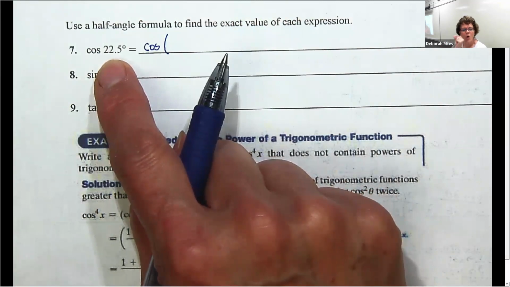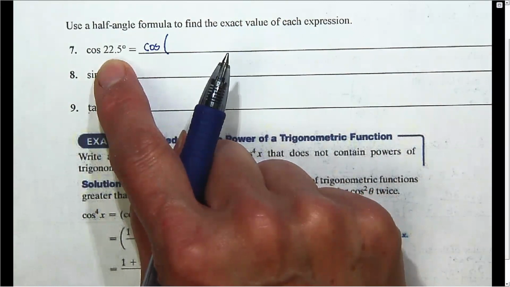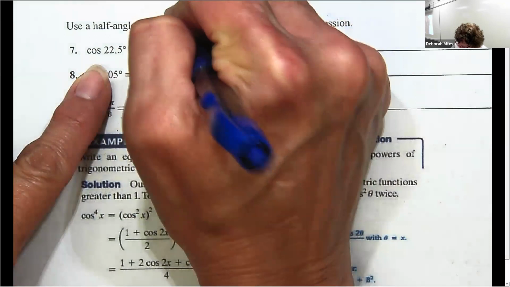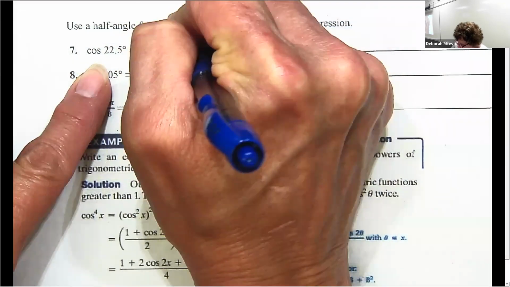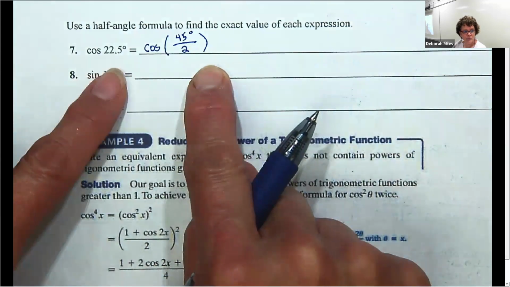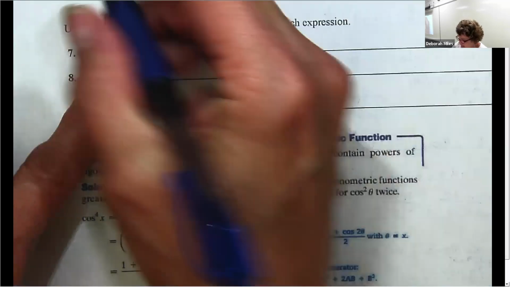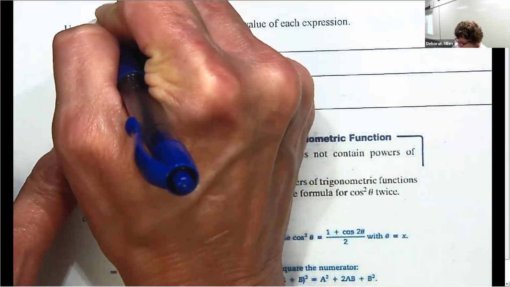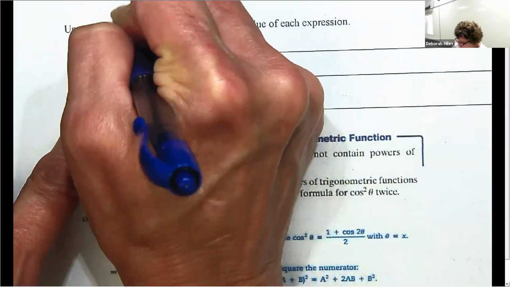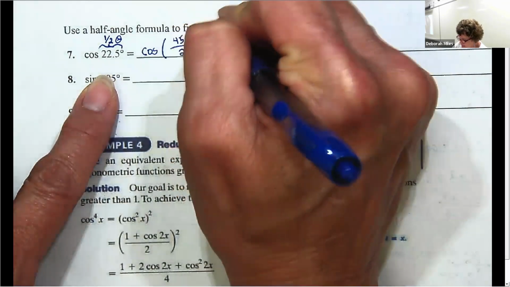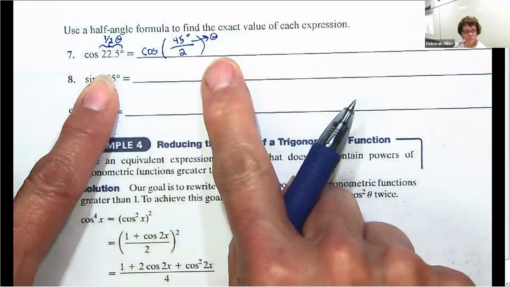I'm asking what is 22.5 half of? 45. Yeah, it's half of 45. So I can write that as cosine of 45 degrees divided by 2. This is my half angle. So that means 45 degrees is my whole angle.